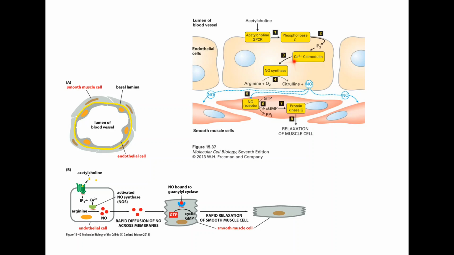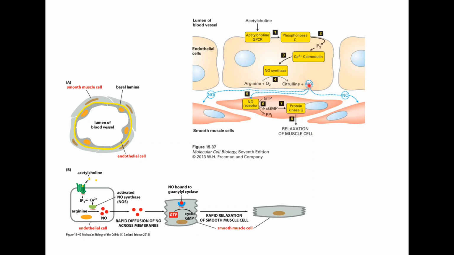And in this instance, that triggers the activation of calcium calmodulin. This time it's not going to be activating calmodulin-dependent kinase. It activates a different enzyme altogether. That enzyme is NO synthase, the enzyme that's responsible for producing the gas NO from arginine, the amino acid arginine.